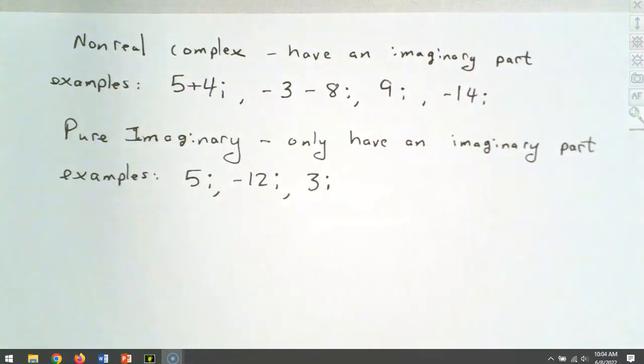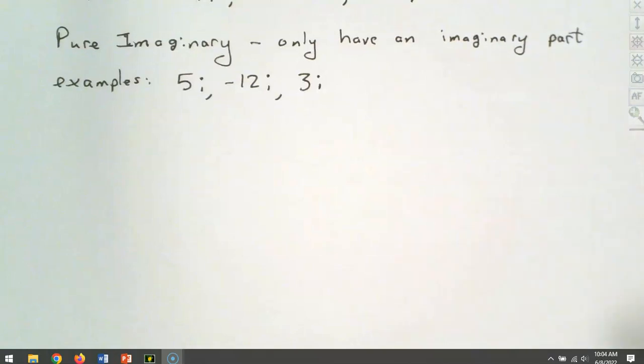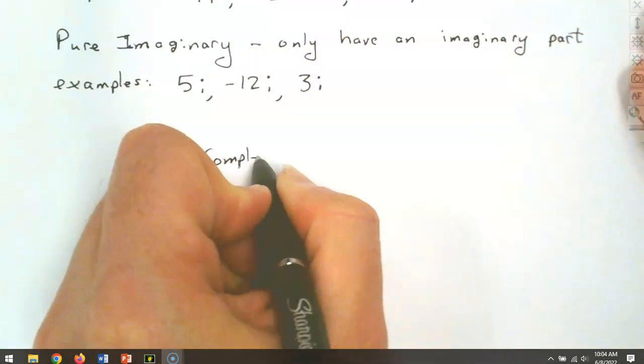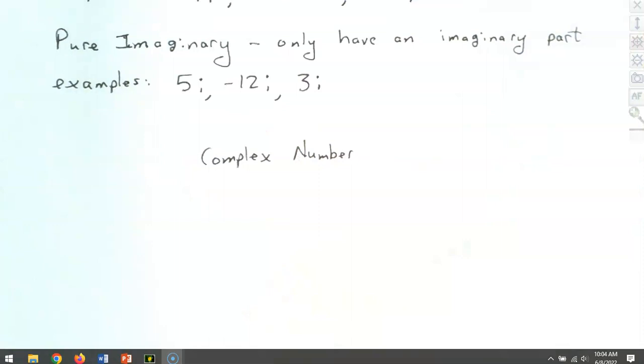Now, when we go to classify these numbers, they're going to be more than one type. Just like an animal, you've got broad definitions of animals. It might be a bird, it might be a reptile, it might be an amphibian, right? But they're all animals. So the animals can get broken down into different parts. Same concept here. The very first type that we're going to encounter is complex numbers. Every number is a complex number. So it doesn't matter what it is, it's complex.